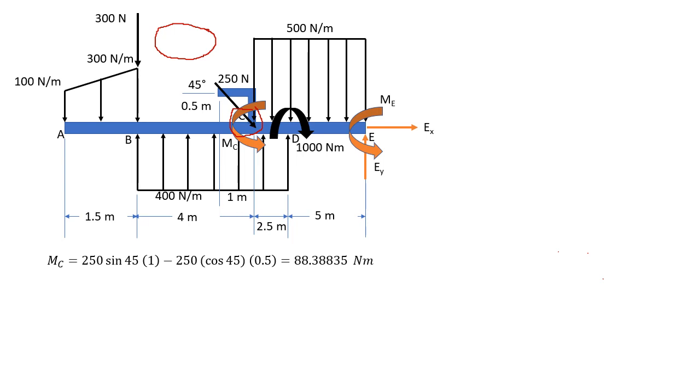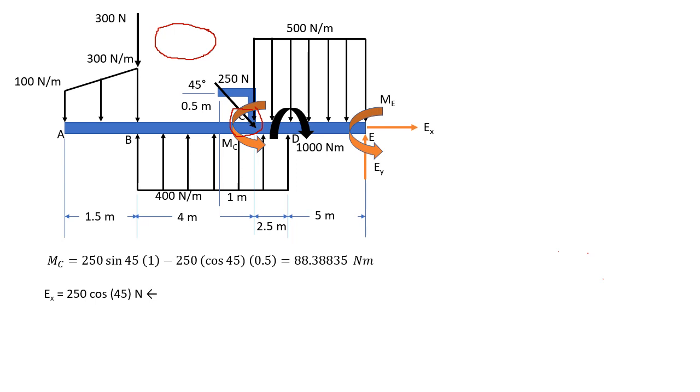Take note that the force is acting at its original position first, and we're getting its moment about point C. And then negative 250 cosine 45 times 0.5, that would be the moment of its X component about point C. So the net moment is 88.38835 Newton meters.